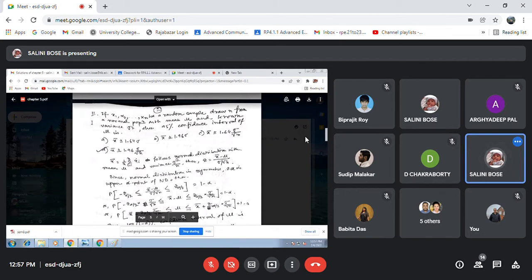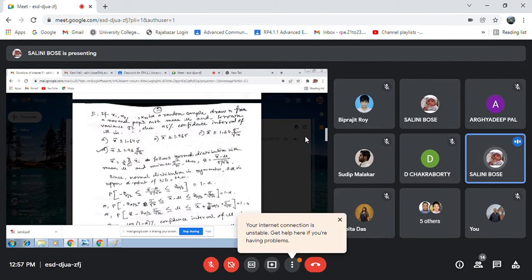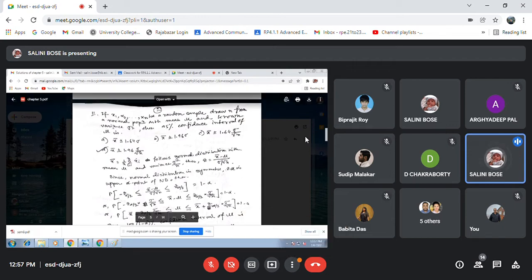So see, this is the first question. Here it is written that if x1, x2 to xn be a random sample drawn from a normal population with mean mu and known variance sigma square, then what will be the 95% confidence interval, what will be the value of mu? So for 95% confidence level, okay.